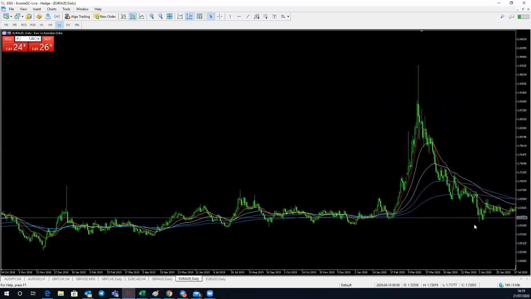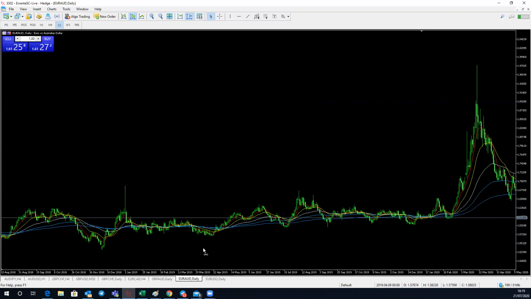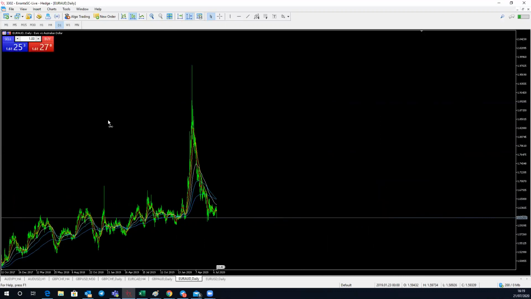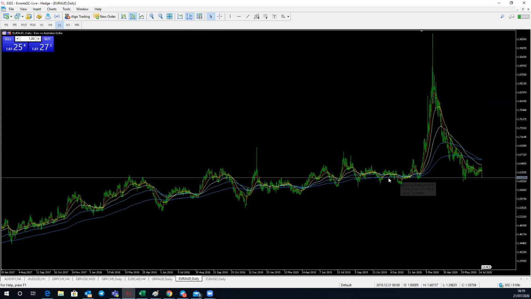What I would like to look at in this section is that they've got a very significant sideways type market as well. All these sideways moving.